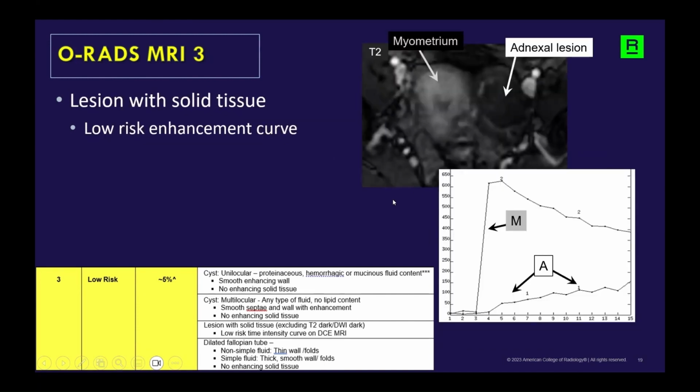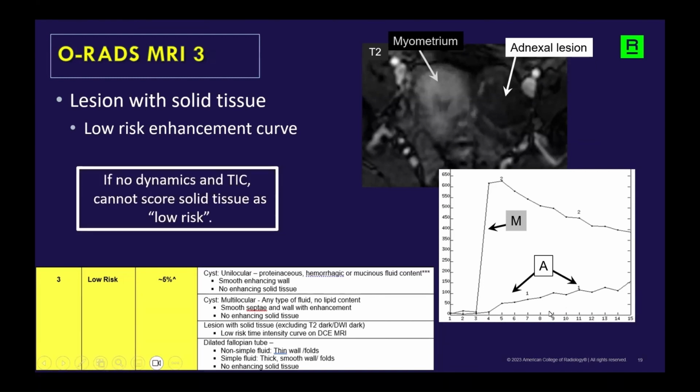When solid enhancing tissue is identified in a lesion that is not T2 dark, DWI dark, the enhancement characteristics guide the risk score classification. The enhancement of the solid tissue is compared to the outer myometrium. If there is a low risk curve on time intensity curves, which shows a gradual increase in time without a plateau, a risk score of O-RADS MRI 3 can be assigned.